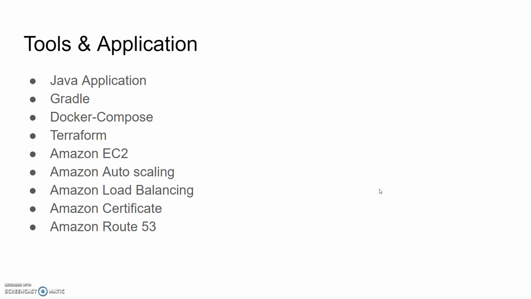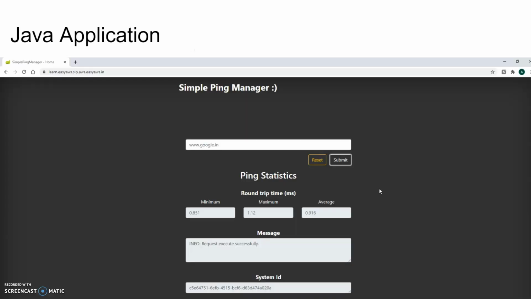Terraform is used for creating the complete infrastructure on AWS. On the AWS side we used the EC2 instance, auto scaling group, load balancing, Amazon Certificate Manager, and Route 53 service. All these resources we used in this project. This is a simple ping manager application which we have shown live.